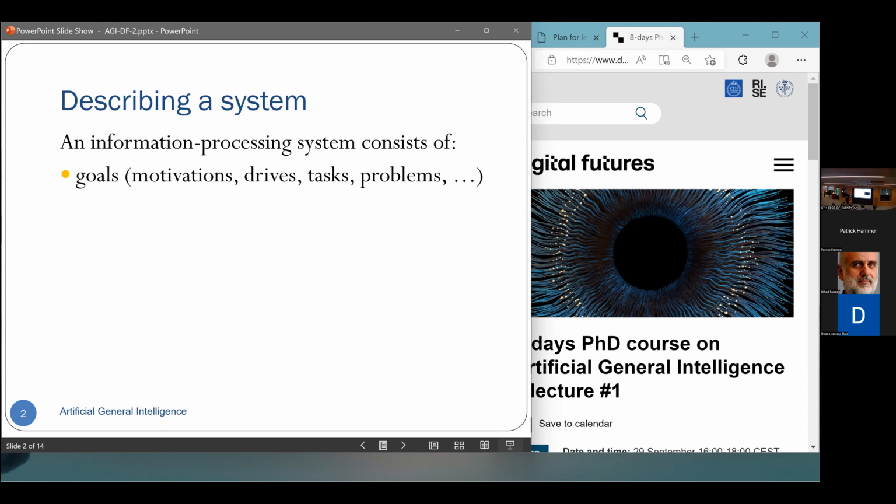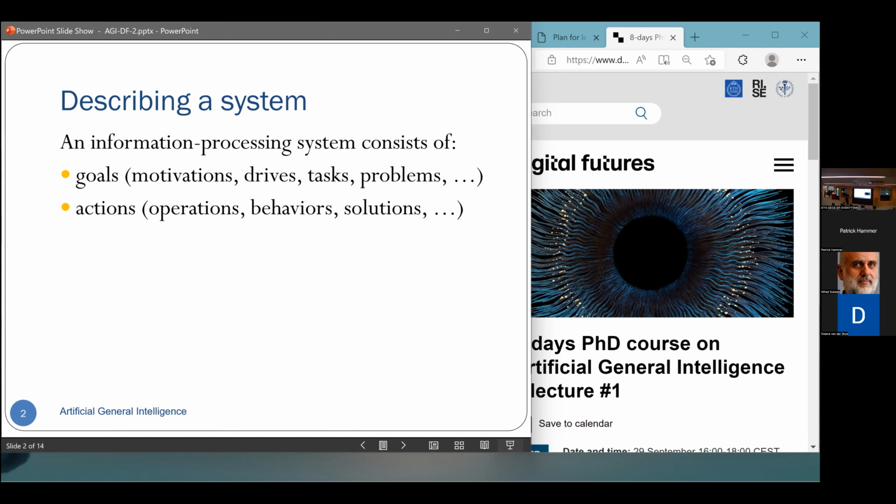The first one very often is called goal. Sometimes you also call it motivation or drive or task or problem. Of course, the words are all different. It's more or less a different flavor, but their difference here we can ignore. Anyway, this is what the system wants to do or wants to maintain, wants to achieve, whatever.